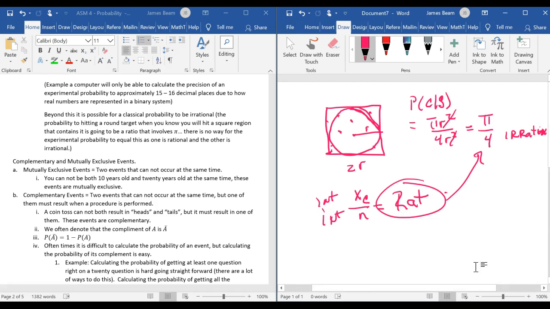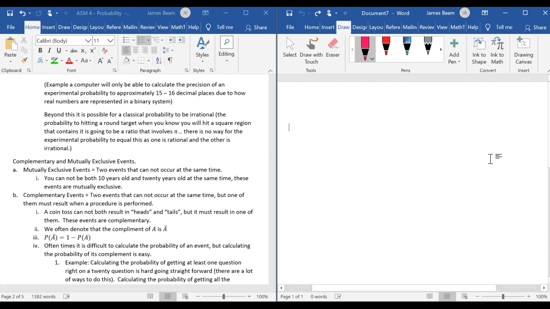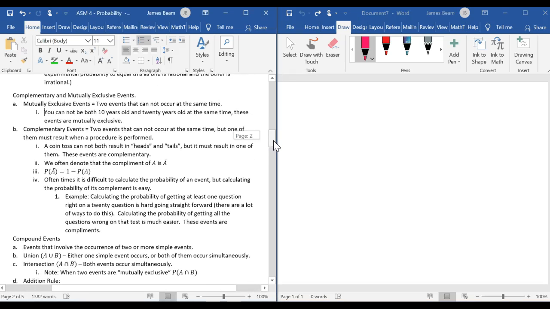All right, speaking of mutually exclusive sets, let's get into some more of the thinking here. Mutually exclusive events are events that, one, cannot occur at the same time, and two, one of which must occur.